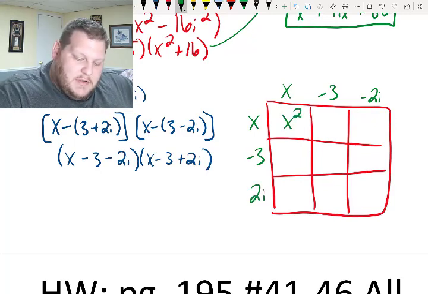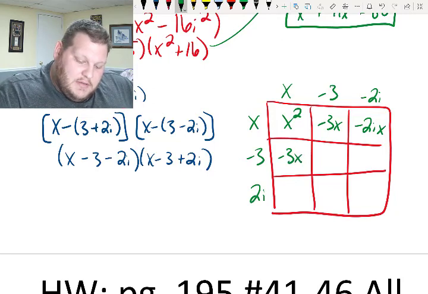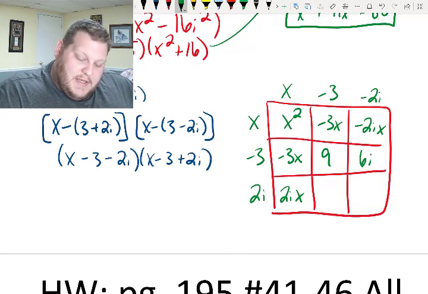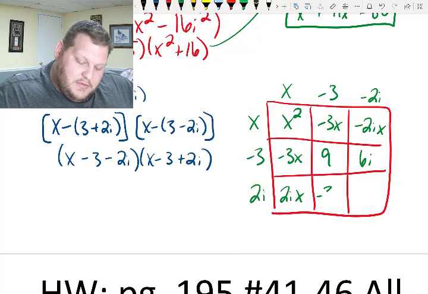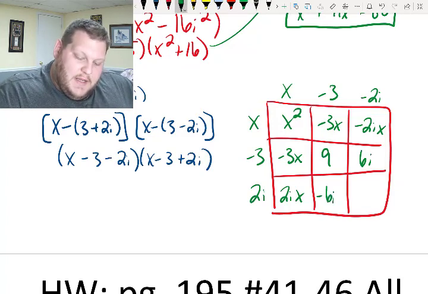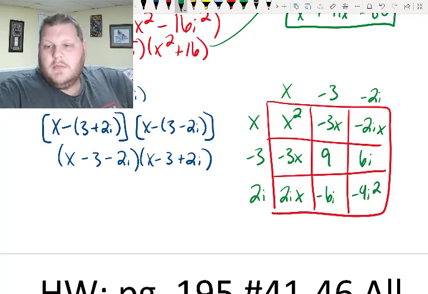So that's x squared, minus 3x, minus 2ix. This is -3x. This is 2ix. -3 times -3 is 9. -2i times -3 is a +6i. -3 times a +2i is a -6i. And then -2i times 2i is a -4i squared.